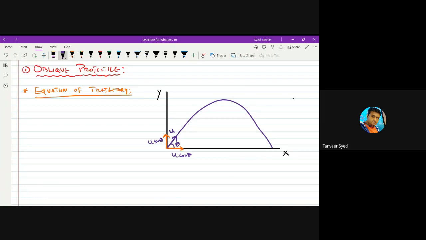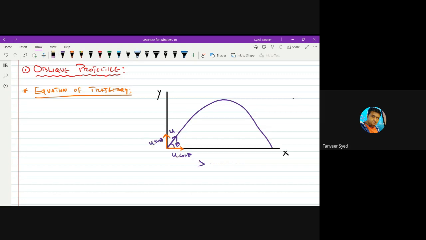So u cos theta is the velocity of the projectile along horizontal direction. That means it will cover its journey along horizontal direction depending on this velocity, u cos theta. And u sin theta is its velocity along vertical direction. So its vertical motion will be decided based on this u sin theta. Okay.